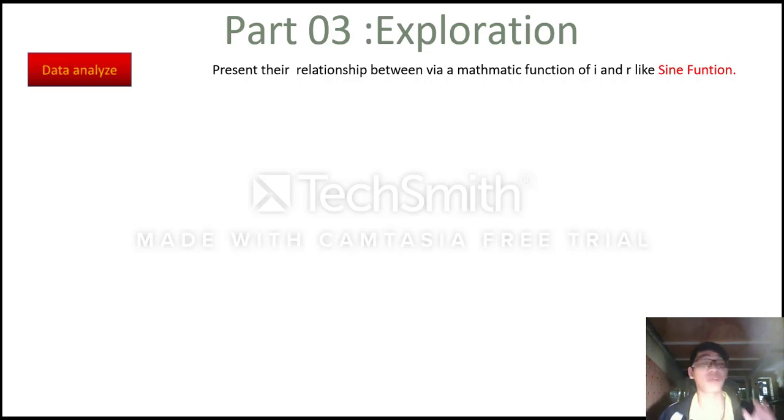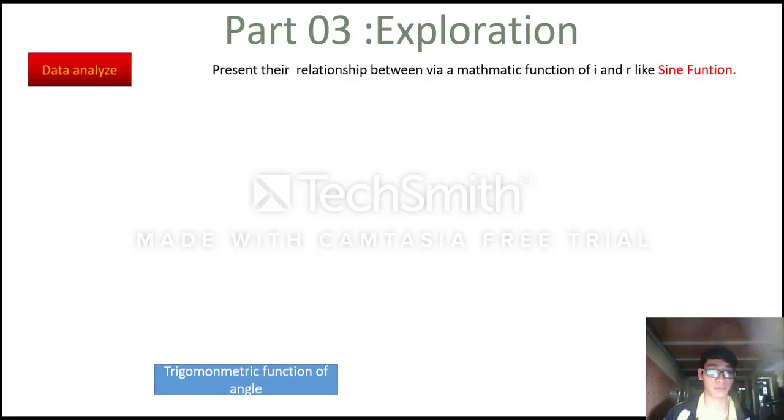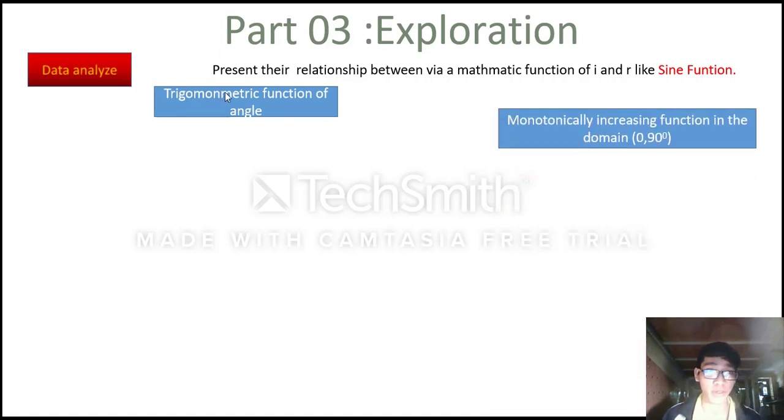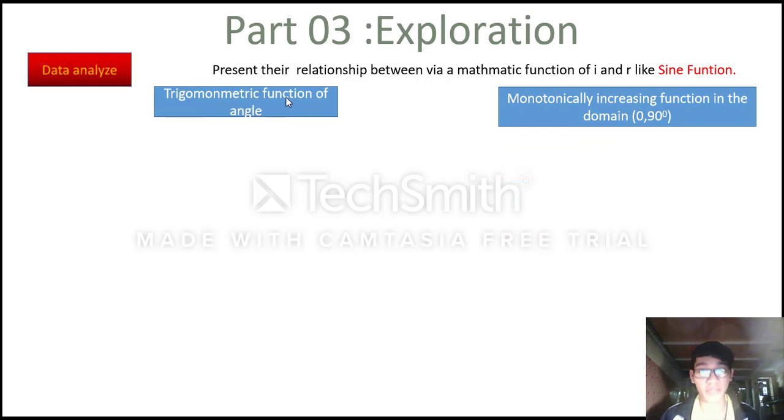Why? For two reasons. Firstly, sine is a trigonometric function of an angle, and secondly, the sine function is monotonically increasing in the domain 0 to 90 degrees. It is very suitable with the result that we got in the previous data table.